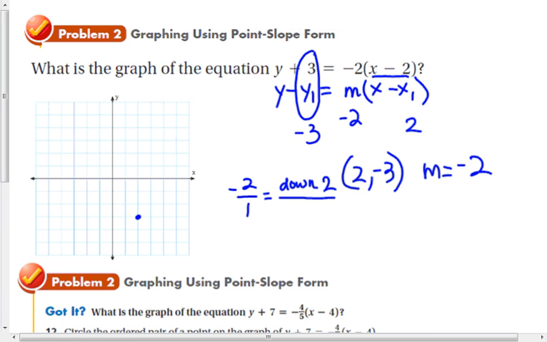And 1, we can think of that as over 1 or right 1 for the run. So once we have this point, we can go down 2, right 1, and we get another point. We can do the same thing working backwards, and we get these points. And then we just need to draw a line through them. All right, go ahead and practice that.